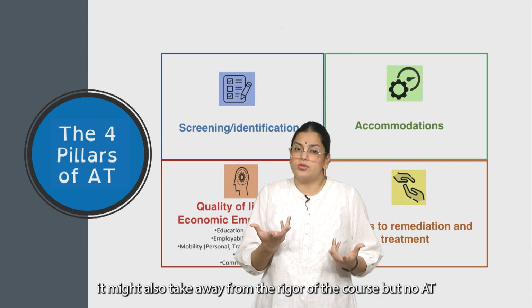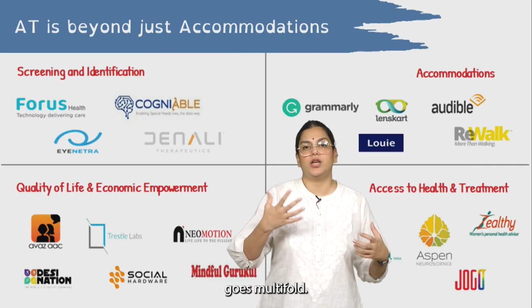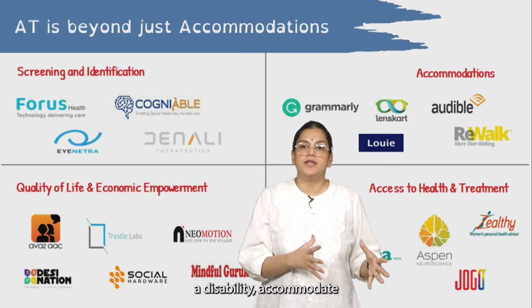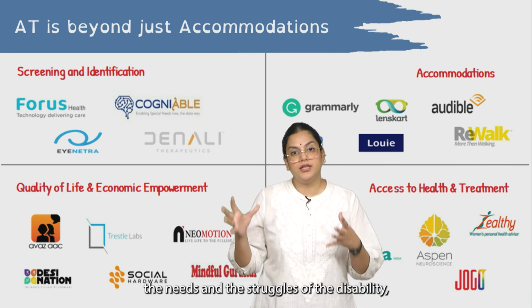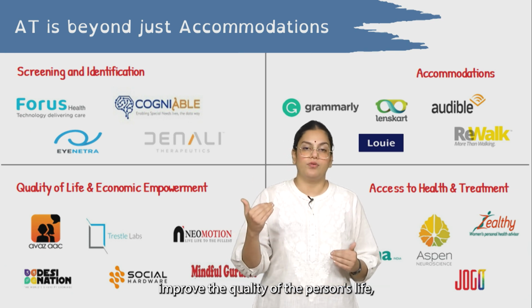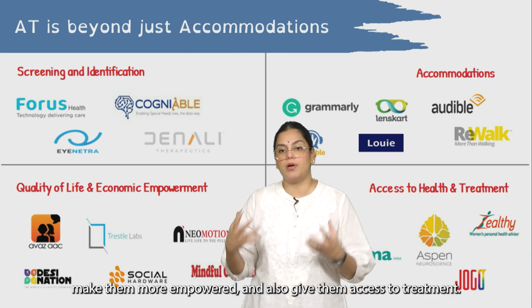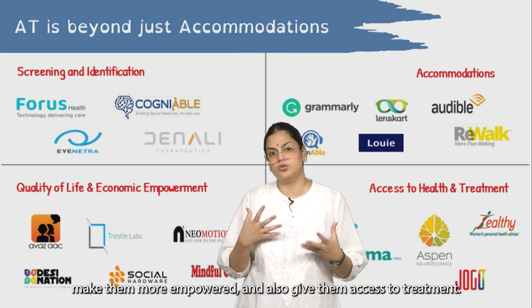It might also take away from the rigor of the course, but no. AT goes multifold. It helps you identify a disability, accommodate the needs and the struggles of the disability, improves the quality of the person's life, make them more independent, make them more empowered, and also give them access to treatment.